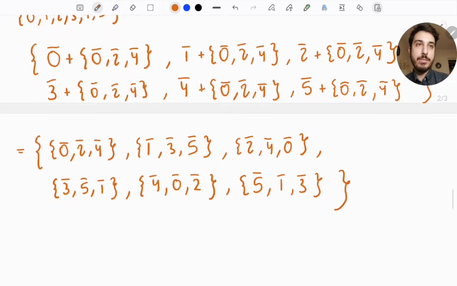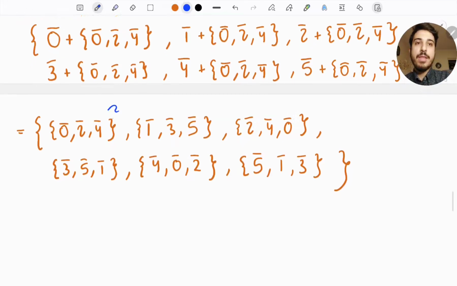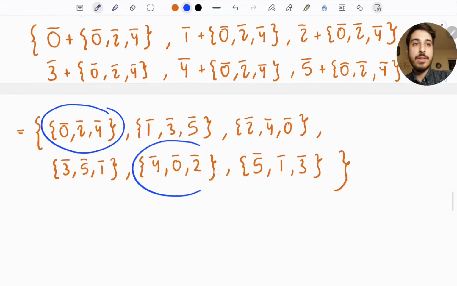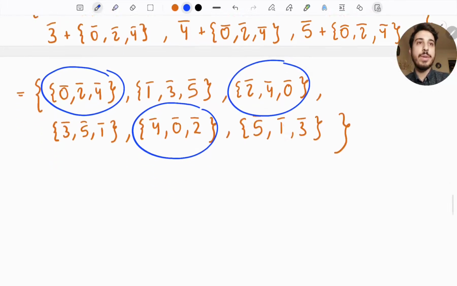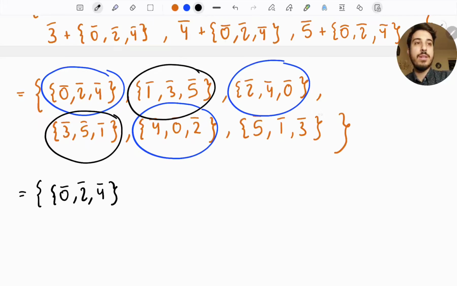So, did you notice something here? These are all the same set. So they can all be represented by 0 bar, 2 bar, 4 bar. And on the other hand, these are the same set as well.